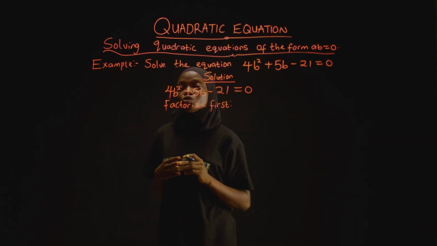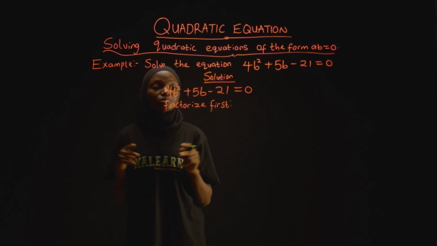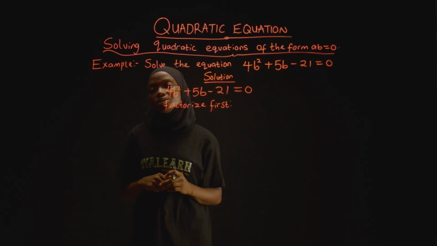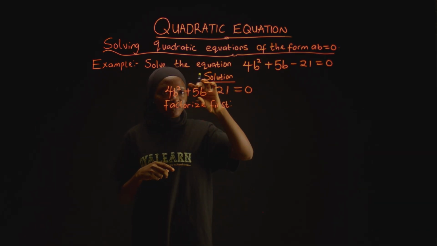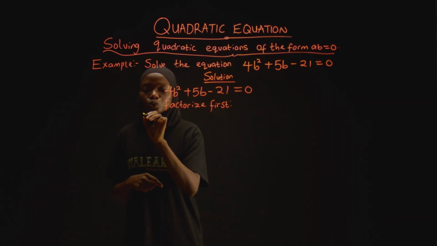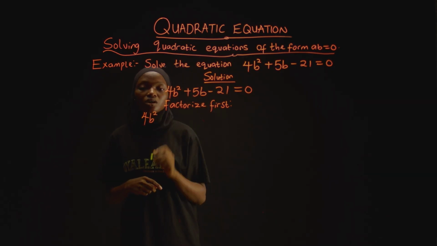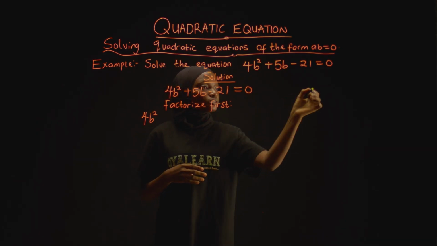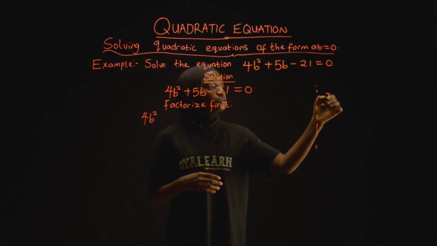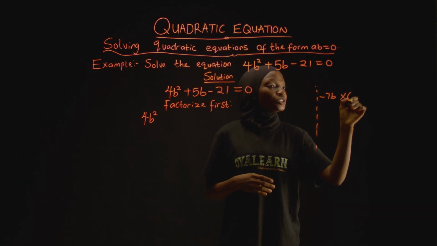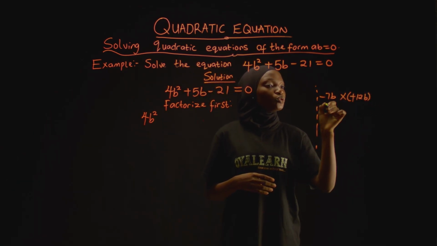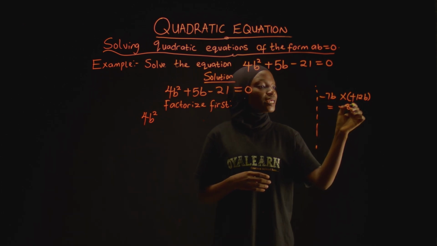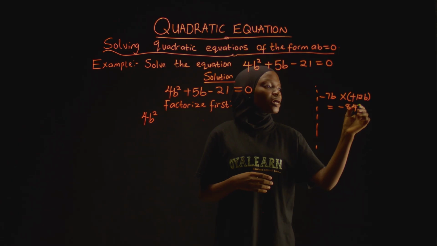And to factorize, we need to look for two terms such that their product is the product of the first term and the last term, and their sum would give us plus 5b. Those two terms are minus 7b and plus 12b, because minus 7b multiplied by plus 12b gives minus 7 times 12, which is minus 84, and b times b gives b squared.